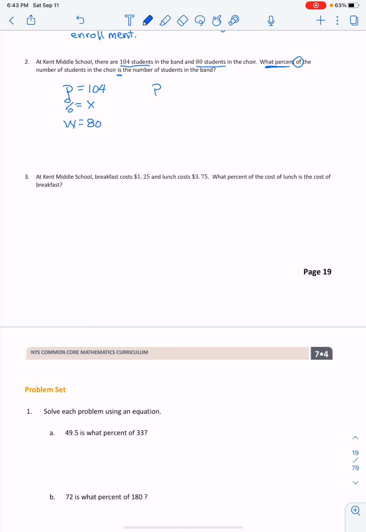So we have P equals percent times W. So we have 104 equals X times 80. So divide both sides by 80. So X is going to equal 1.3, which is 130%.